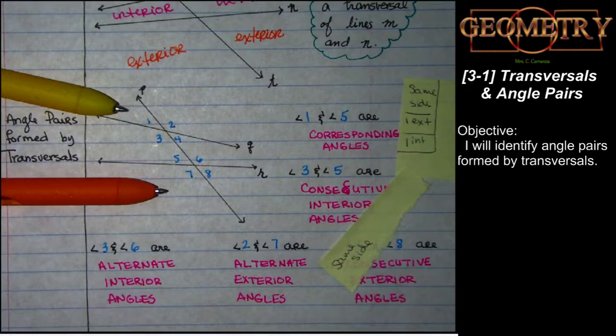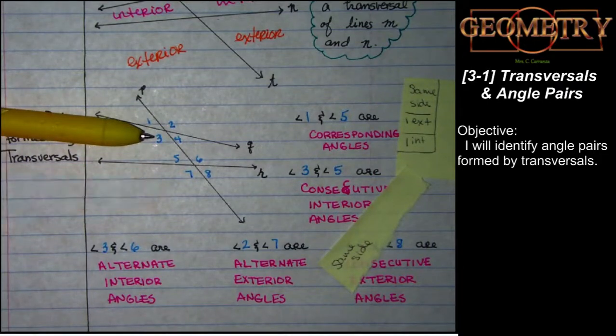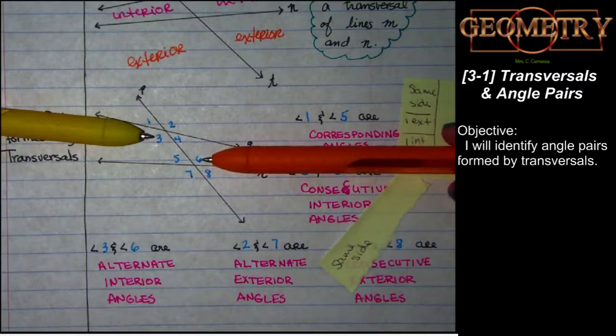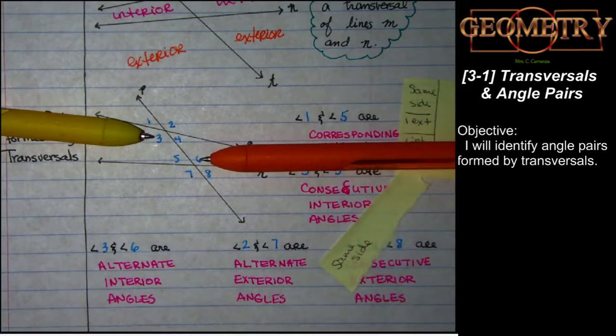The last one that we have are alternate interior and alternate exterior. That word alternate means that they need to be on different sides of the transversal from each other. So there would be the example of alternate interior. Notice how now my little pointer pens are both kind of coming in toward the transversal. You notice they're on different sides of the transversal this time.